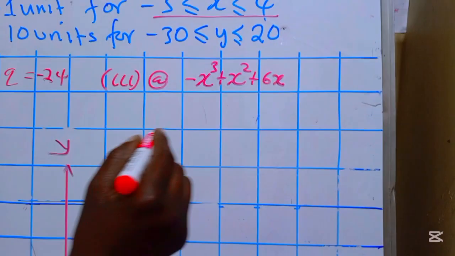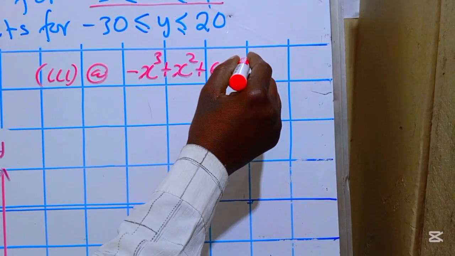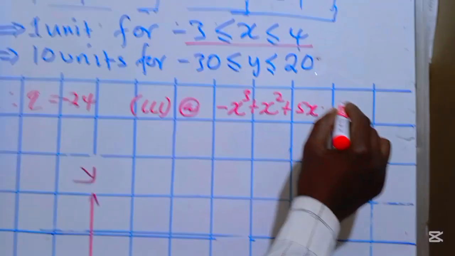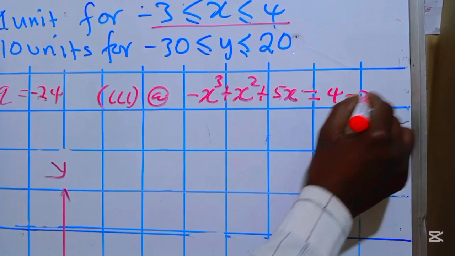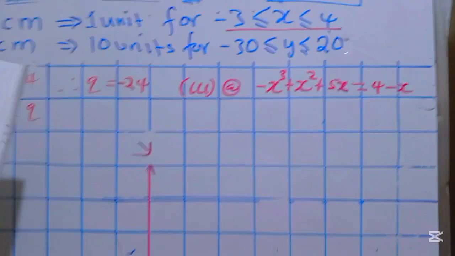Yeah, plus 5. Actually, they have said plus 5x, so this should be equal to 4 minus x. So this is what they are telling us.